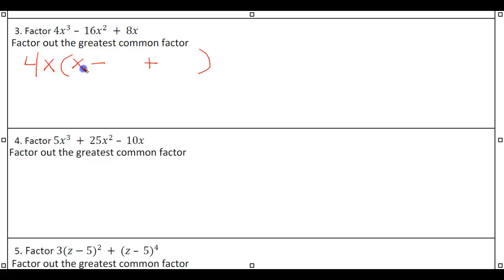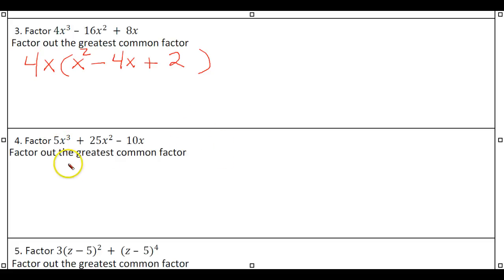So this will be x squared. This is going to be a 4x, and this will be a 2. Now the key to this, to be sure you've taken out the greatest common factor, is what you have left now in the parentheses. There's no more common factors there anymore.